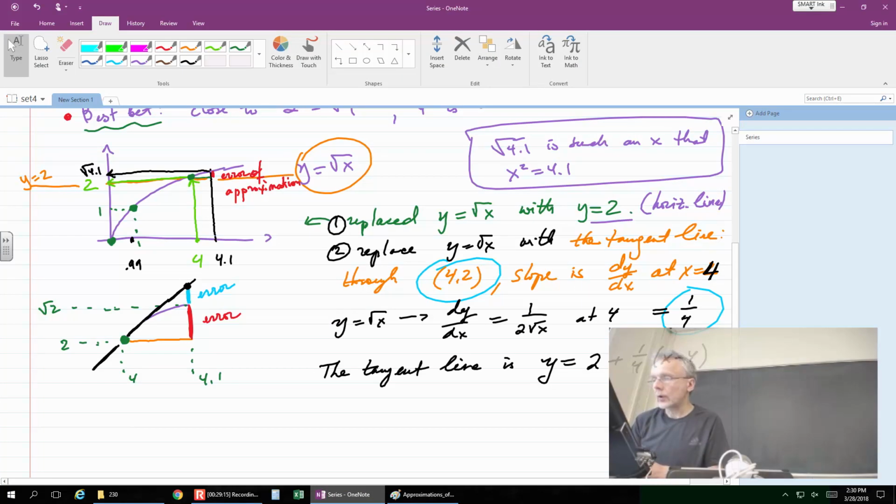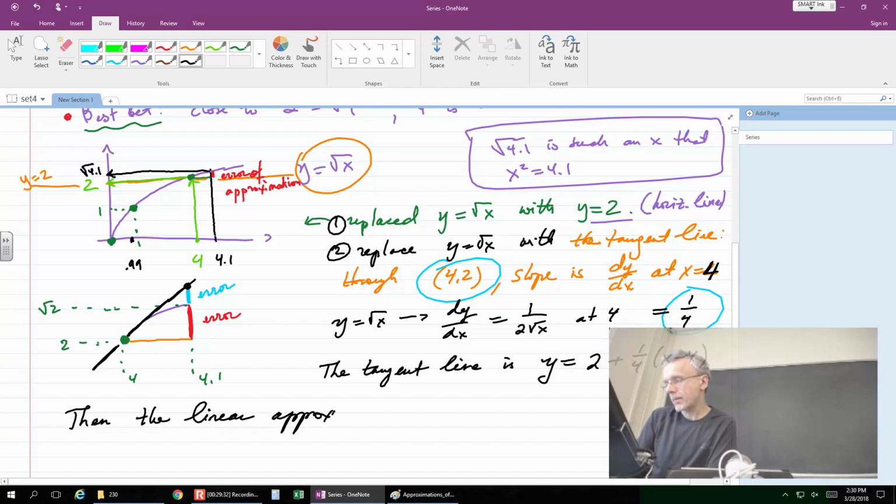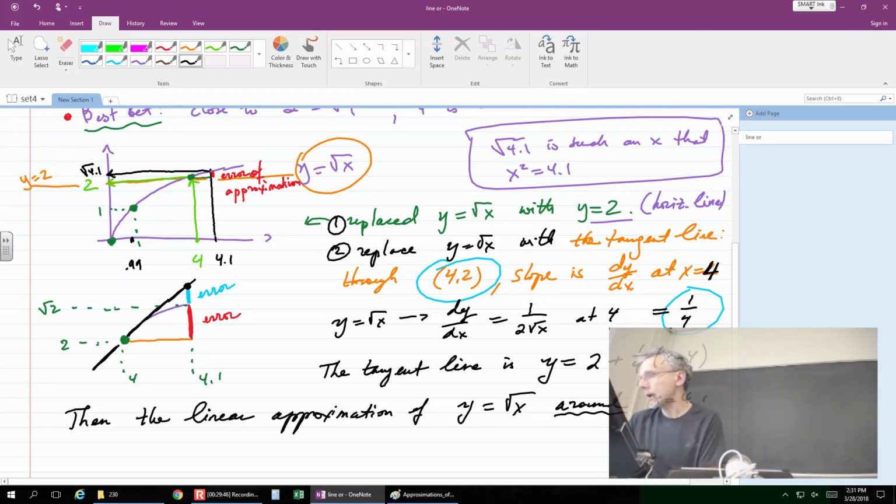Okay, so what do we do? Well, let's now turn this into numbers. This is my approximation, this is the function. Let me just use the right words. So the linear approximation of y equals square root of x around x equals 4 is, and I want to emphasize now this is a function, L of x equals 2 plus 1/4 times (x minus 4).